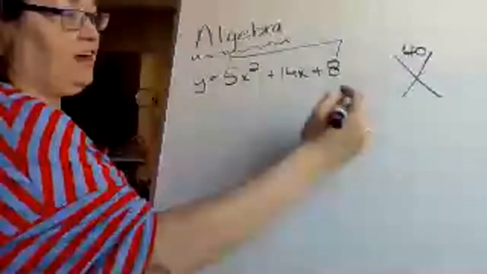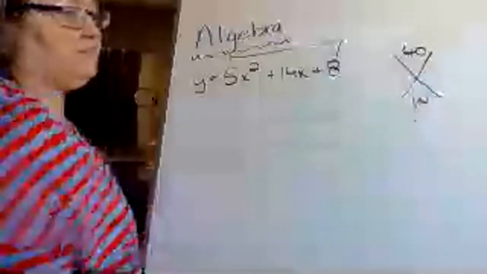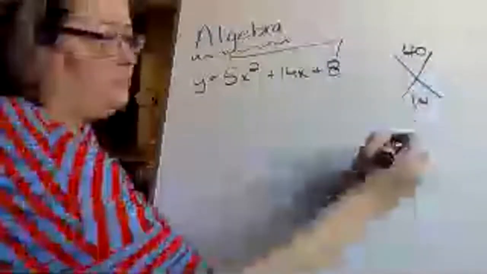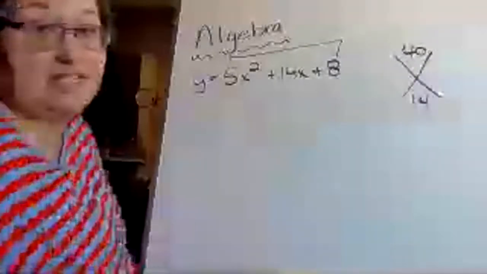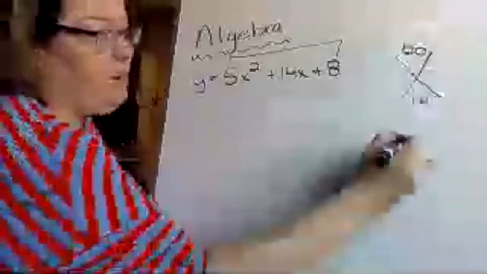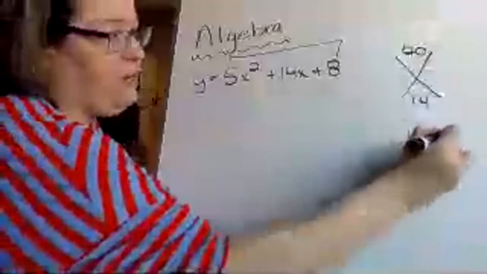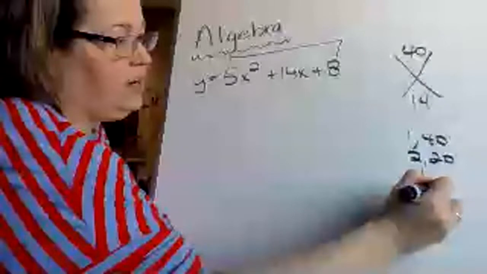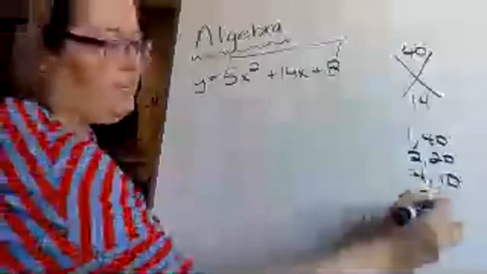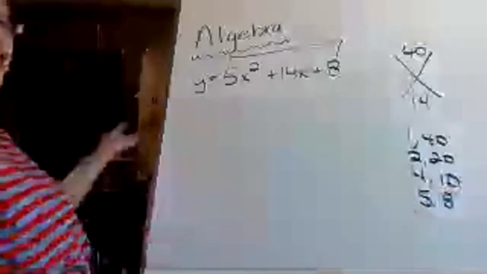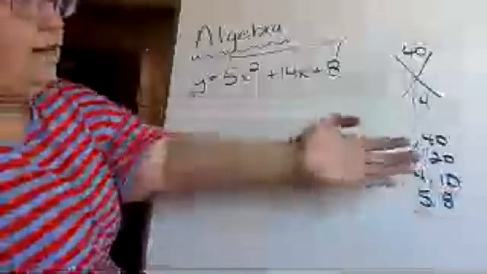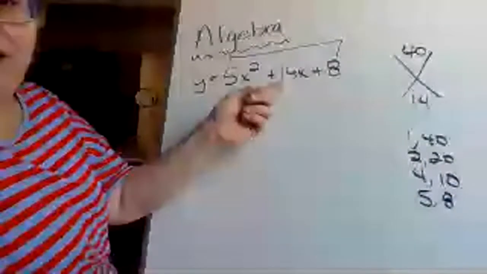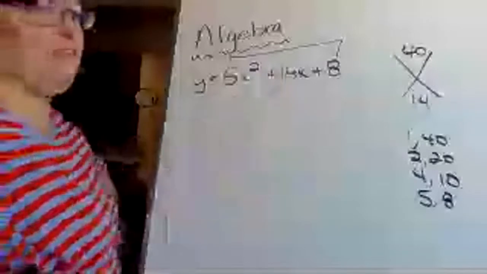That's the A and the C, and you get 40. Then this is the B value. It goes down here. So hopefully this one is actually easy to see what adds up. But the factors of 40: 1 and 40, 2 and 20, 4 and 10, 5 and 8. Now remember, you could have negative 40 and negative 1, but that's not going to add together to get a positive number, so that's why we're not putting the negatives down.